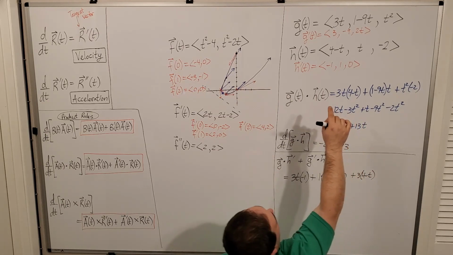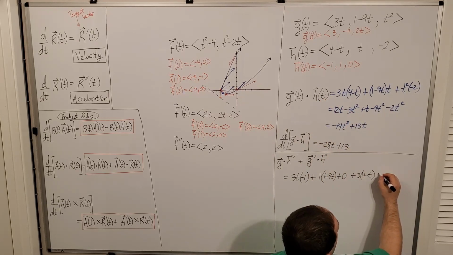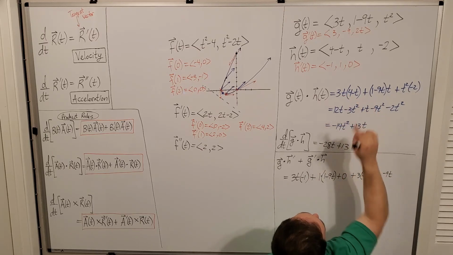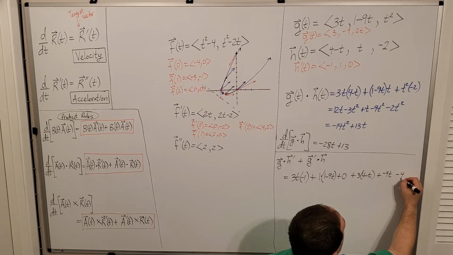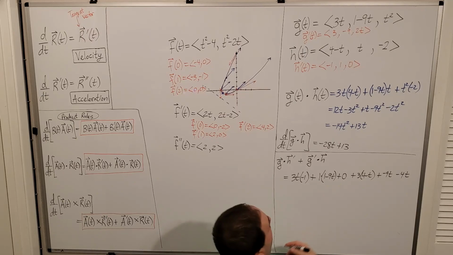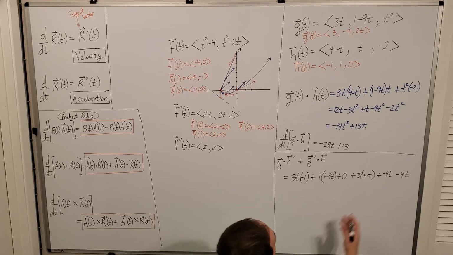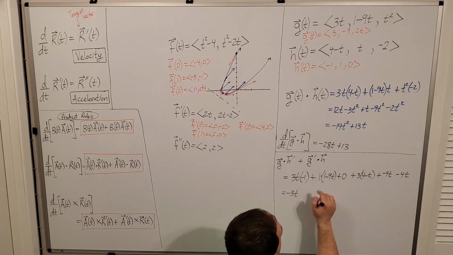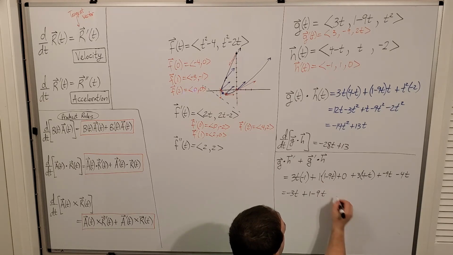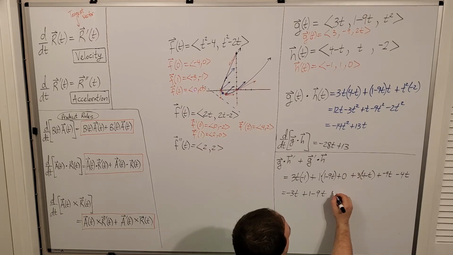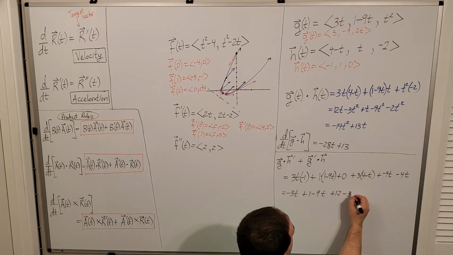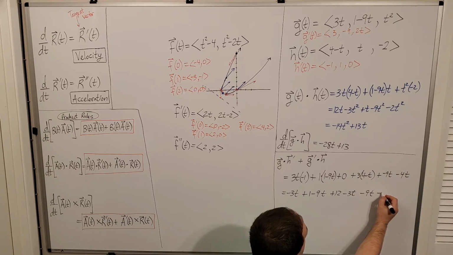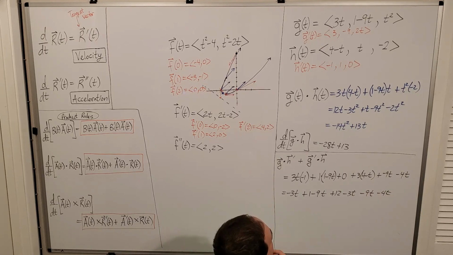And then -9 times t. And then 2t times -2. I'll just go ahead and multiply that out. -4t. Let's simplify here. I've got -3t. I've got plus 1 minus 9t. I have plus 12 minus 3t. I've got minus 9t minus 4t.